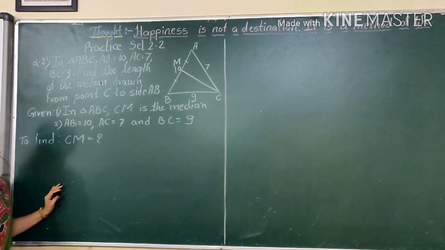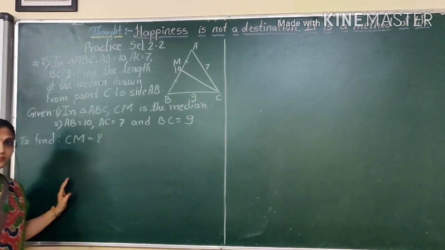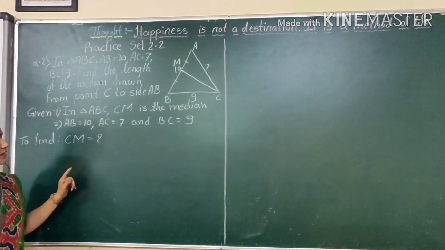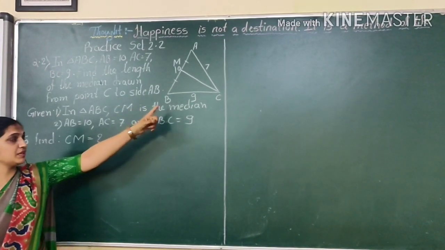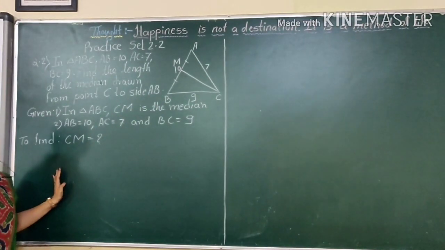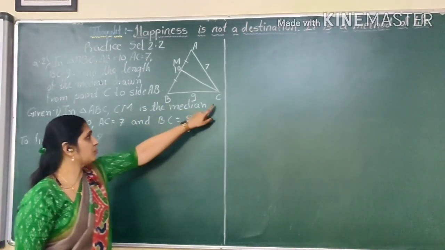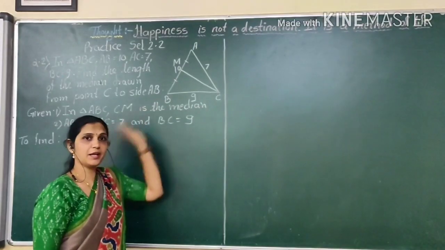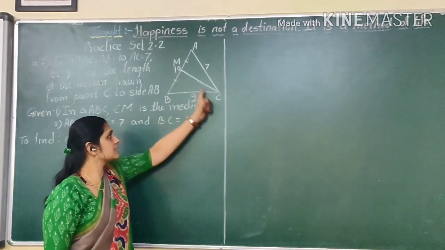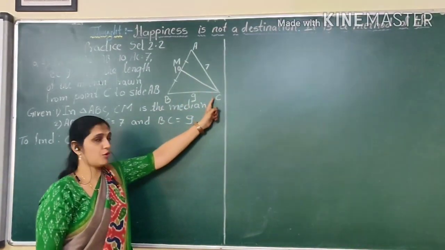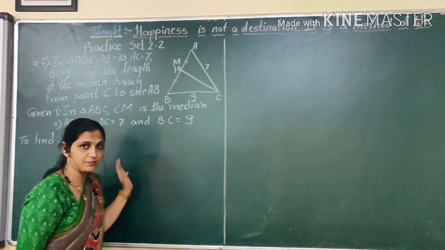Question number 2. In triangle ABC, AB is 10, AC is 7 and BC is 9. Find the length of the median drawn from point C to side AB. Okay. Here CM is the median which is drawn from point C on side AB. Okay.